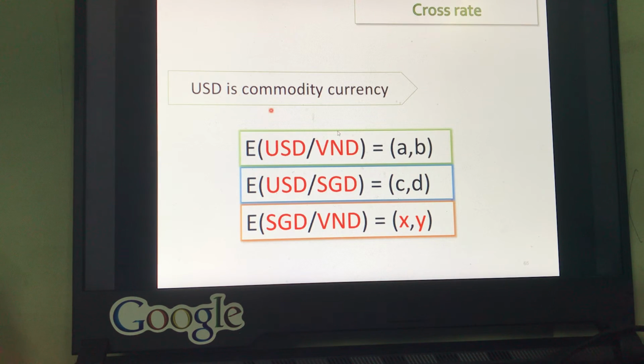The bid rate, what is the bid rate? The bid rate is the exchange rate at which the quoting bank will buy the commodity currency. And in the exchange rate of the SGD against VND, SGD is the commodity currency.